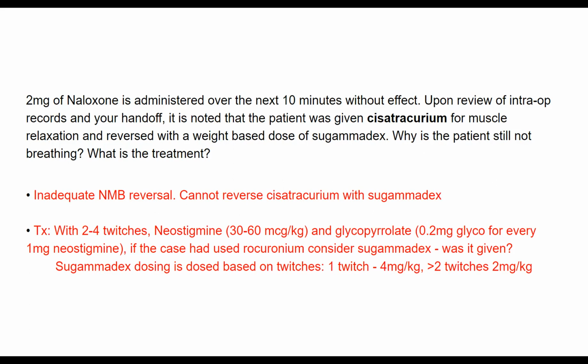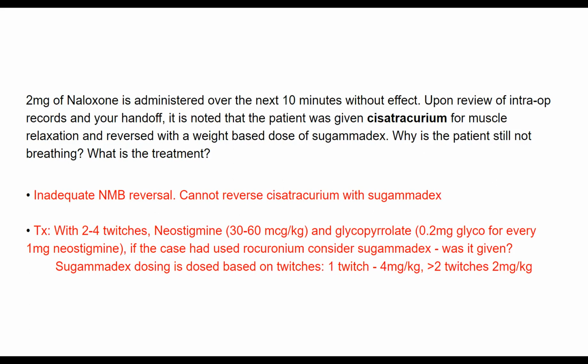So you give the neostigmine, and we always give glycopyrrolate, which is an anticholinergic medication, to mitigate primarily the bradycardia that comes with neostigmine. There are some mnemonics out there, but essentially the glyco is always paired with the neostigmine to avoid the side effects of the neostigmine that we don't want.